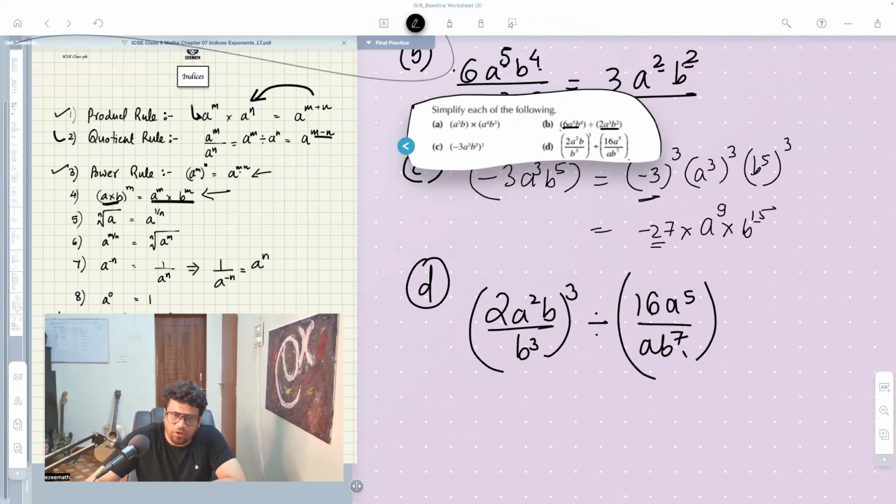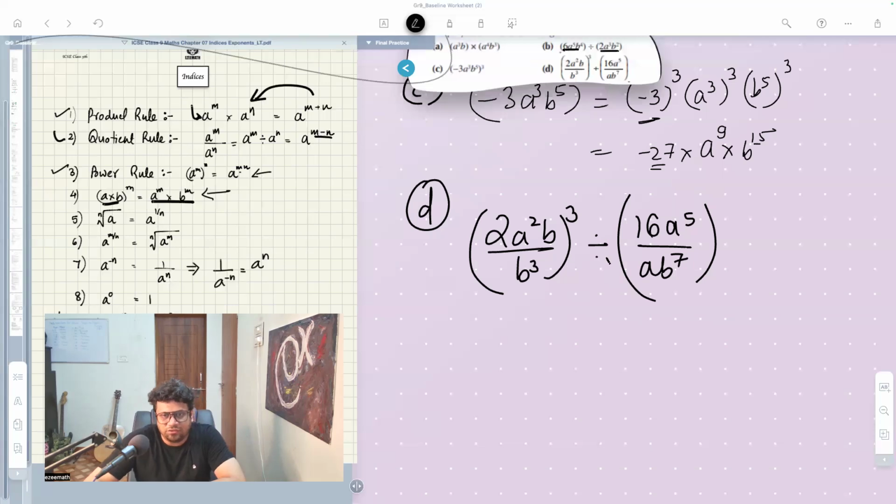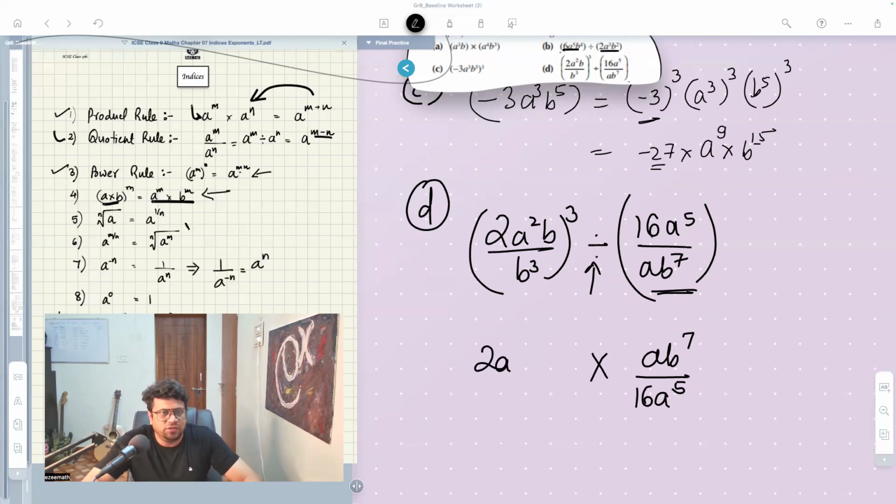The first thing you want to do in this question is to change that division into multiplication. The moment you do that, the fraction on the right is going to flip. You write the reciprocal of it, ab to the power of 7 over 16a to the power of 5. And now you can use rules number 4 and 3 combined to simplify the first bracket.